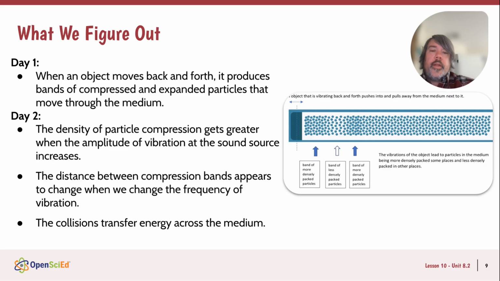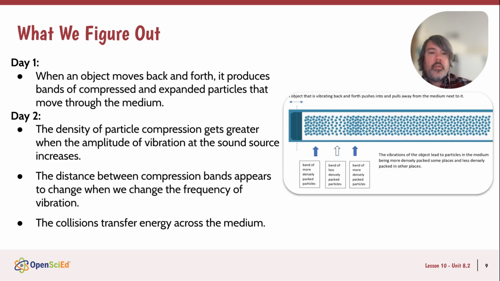Here's what we ultimately figure out: when an object moves back and forth, it makes areas of the medium that are compressed and areas that are expanded. The density of those compressed and spread out areas depends on the amplitude.